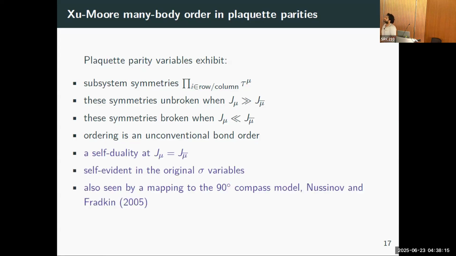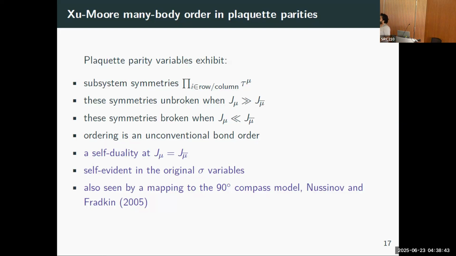It turns out the plaquette Ising model, or Zhu-Moore model, has a self-duality when the 2 couplings are equal. But this is self-evident in these original sigma models because it is just a simple geometric relation between the 2 sets of plaquettes. This duality was also seen by Nussinov and Fradkin by another mapping to the 90-degree compass model, but that's an aside.